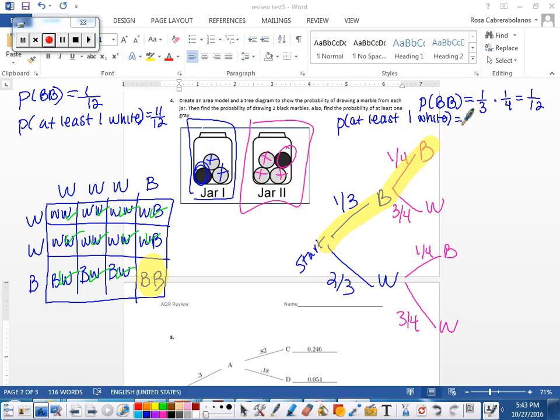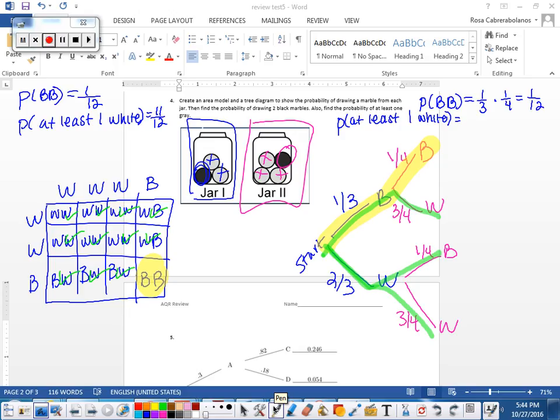So for example, I'm gonna follow this 1/3 and this 3/4, and then 2/3 and 1/4, and then 2/3 and 3/4. But that's a lot of multiplying, and I don't want to do that because I'm lazy, and there's a shortcut, so why not just use a shortcut?